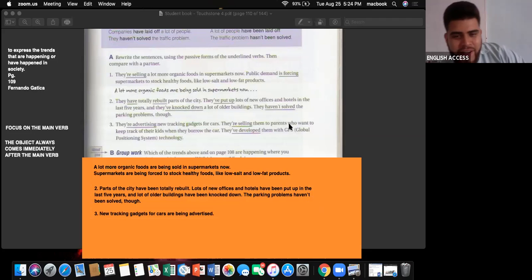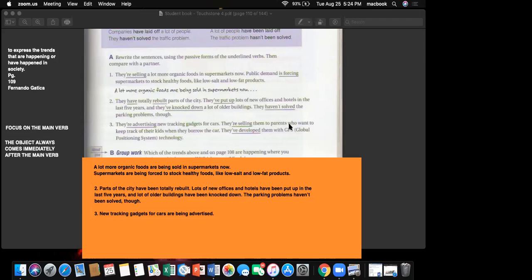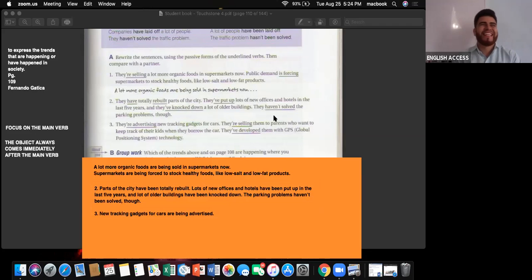Jackie, what do you have? The parents who wants to keep. All right. So look, it's okay. Trust me, this is difficult. But remember, guys, I told you this little secret right here. The object always comes immediately after the main verb, not 2 words later, 1 word later. It's immediately after. So in this case, the object is them.